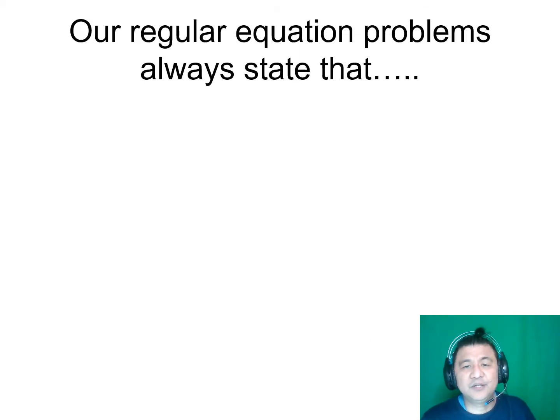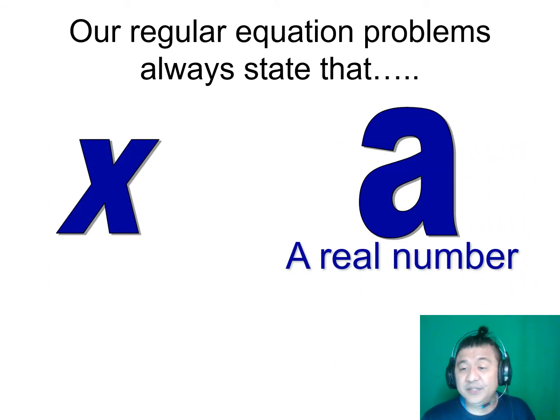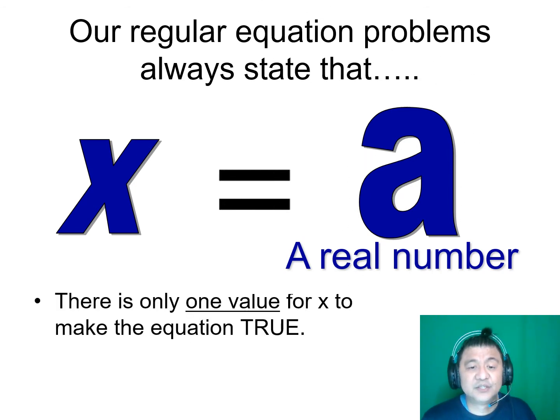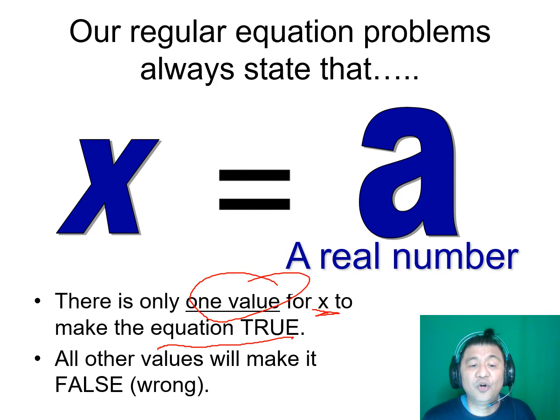Now, our regular equation problems always state that x is equal to a real number, right? So there's only one answer. That's the regular one. There is only one true value for x that will make the equation true. And all the other values will make it false. All right? Only one answer.